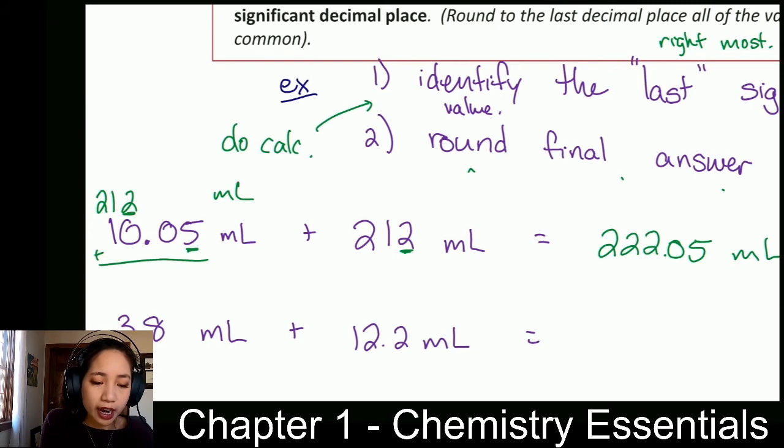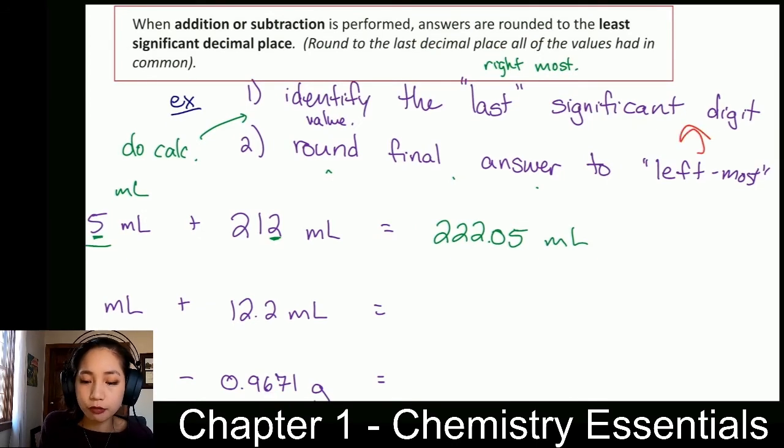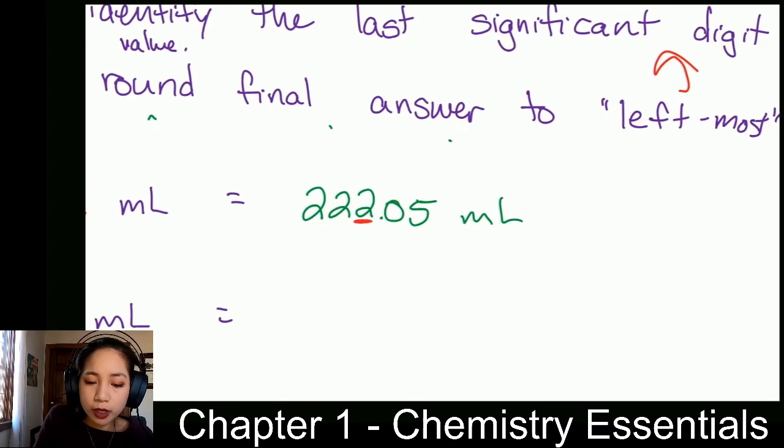So where we're going to actually round is to the ones place. The ones place in this case is that leftmost place from our first step. So we're going to round this number to the ones place. That's often what I'll do: I'll denote what place value we round to in an addition subtraction problem. In this case, we round to the ones place. So our final answer here will be 222 milliliters.